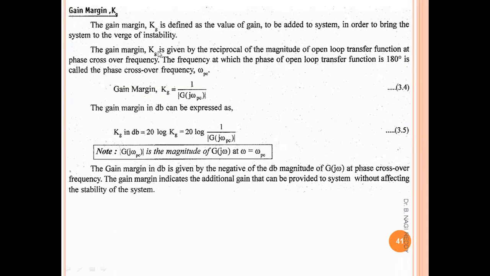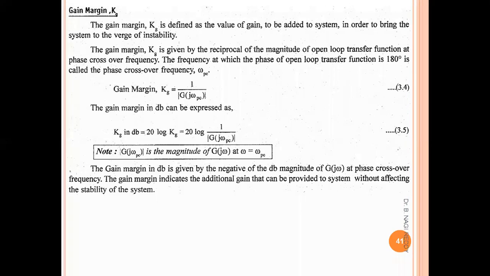And gain margin, this is the fifth one. The gain margin Kg is nothing but the gain that has to be added to bring the system from instability.